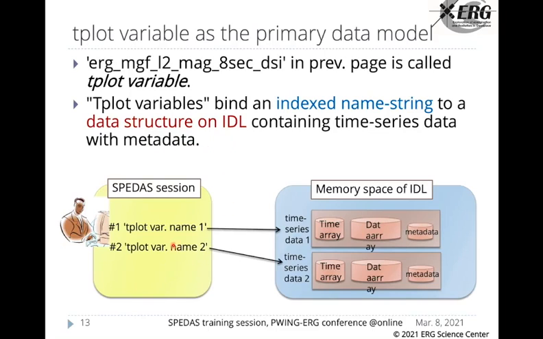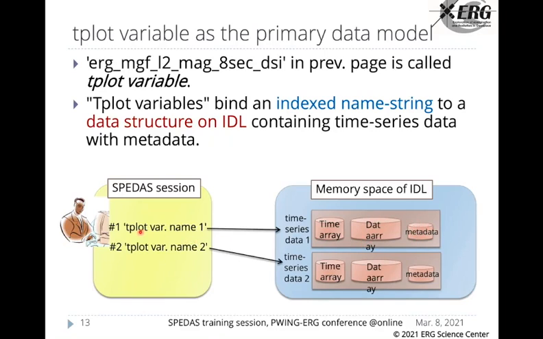For example, if you find some tplot variable on a SPEDAS session here, this tplot variable on the SPEDAS session is linked to the set of data arrays here, including a time array and also a data array, and also the necessary metadata which describes these data too.